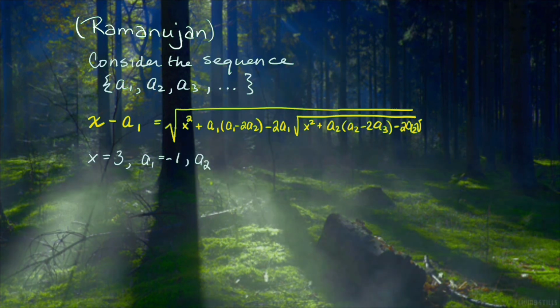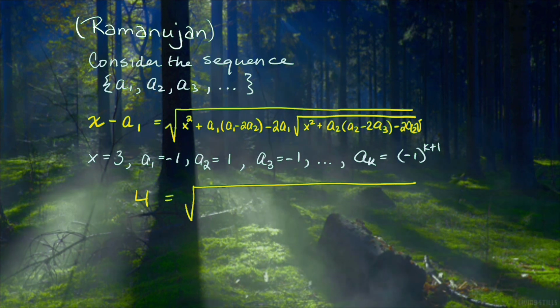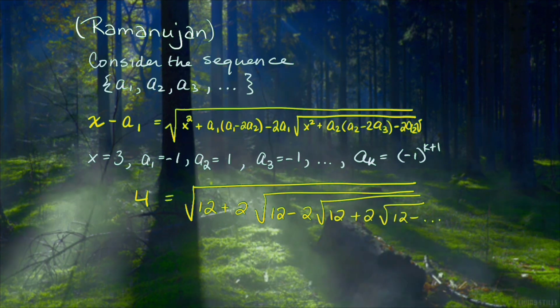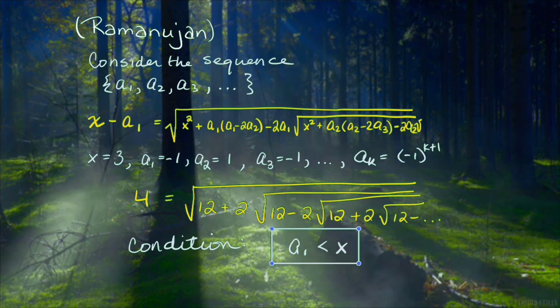But if we choose, say, some different values of x in the sequence here, like x equals 3, and the sequence a1, a2 is just an alternating sequence of positive and negative ones, we get this particular result. How Ramanujan saw this really speaks to his genius, but a condition here is that the first sequence term must be less than x.